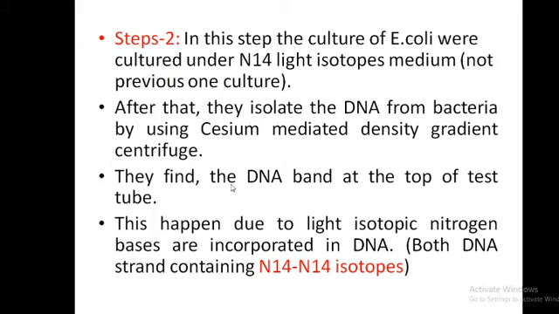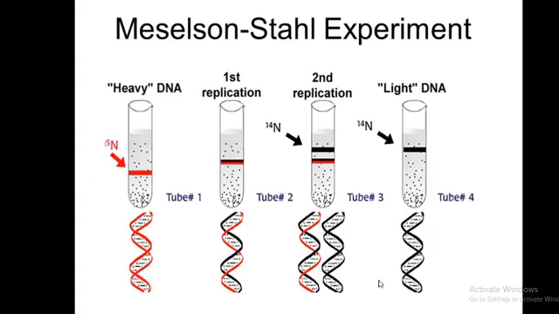They find that the DNA bands at the top of the test tube, see here, due to light weight. This happens because light isotopic nitrogen bases are incorporated in the DNA. Both strands are N14 N14 isotopes. So see here the diagrams.